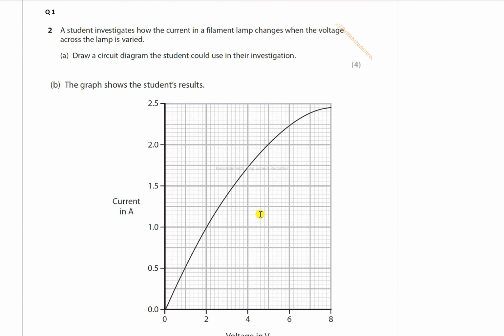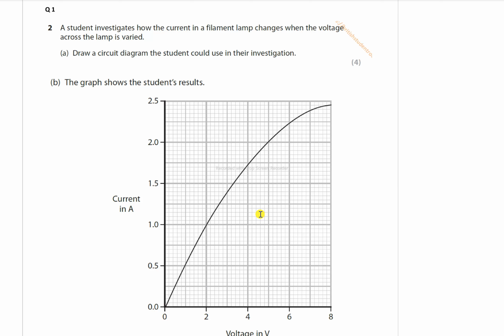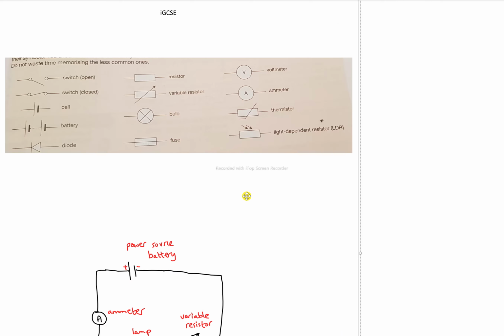Right, okay. So I wanted to go through some circuit symbols. Just bear with me one second. Right, okay, so we've got the symbols here.